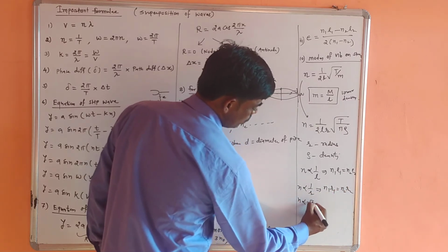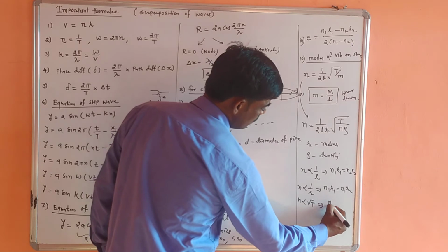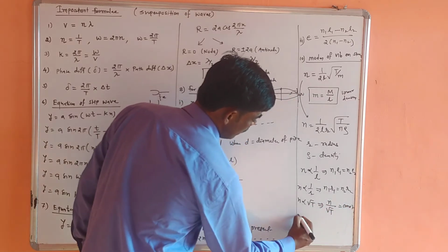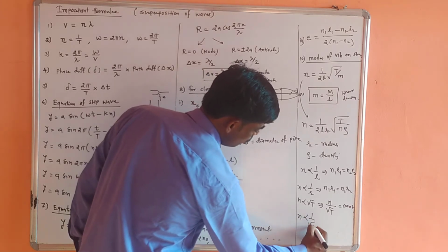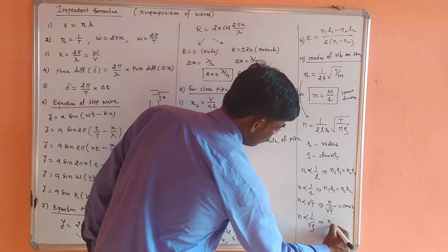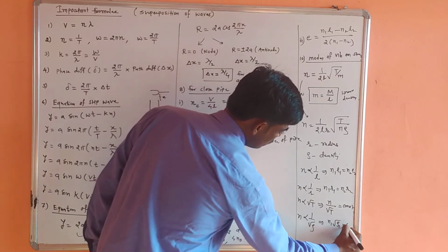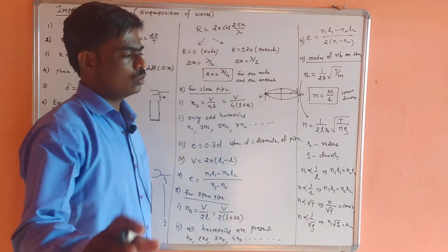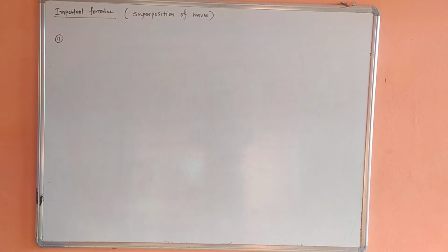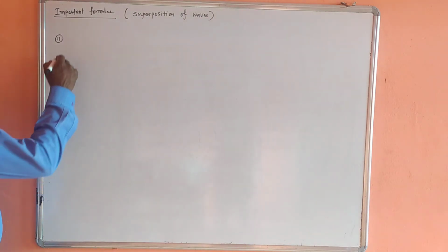It is directly proportional to square root of T, that is N upon root T is equal to constant, and N is inversely proportional to root rho, that is N1 root of rho 1 is equal to constant. So these are the various formulas that depend on the vibration of string.